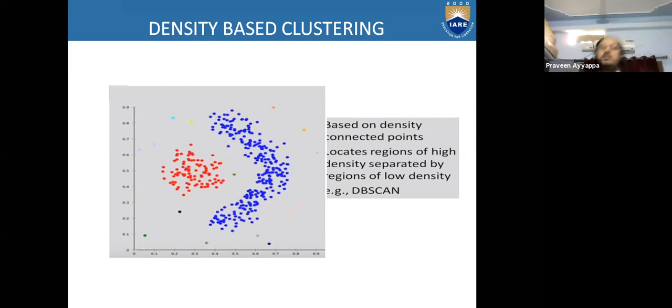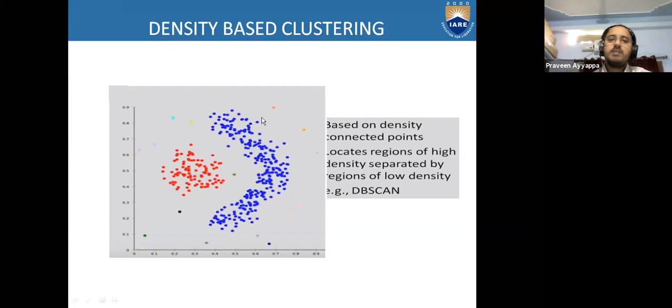Basically, the meaning of density is that a large or huge number of objects exist in that particular region. Based on that density, the clustering is measured.